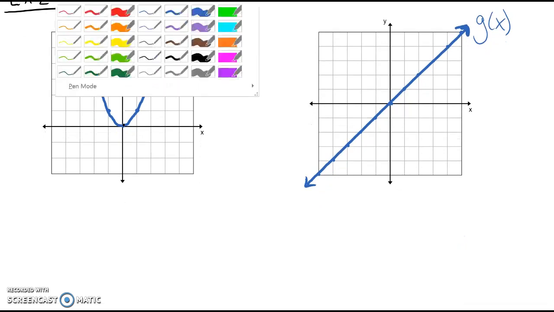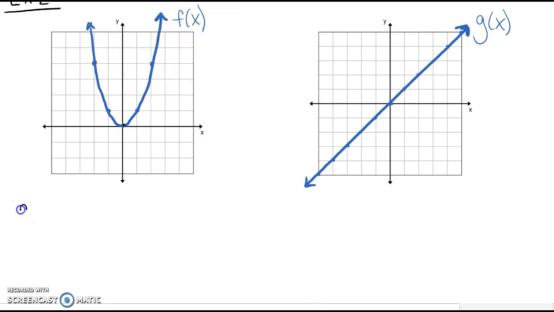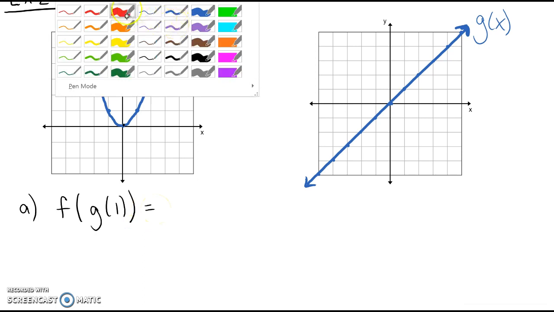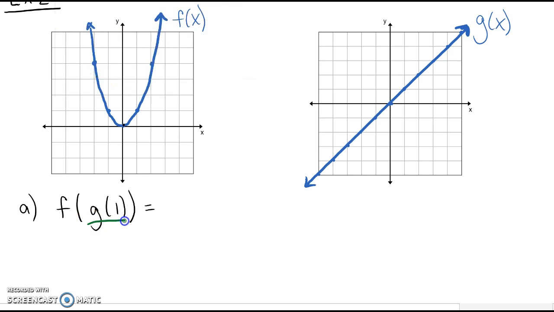So what I could do is give you an example like A, where I say, okay, what is f of g of 1? And you're going to do exactly what we did in the other problems with our tables. So we're going to first look at g of 1. Looking at g of x, when is x 1?